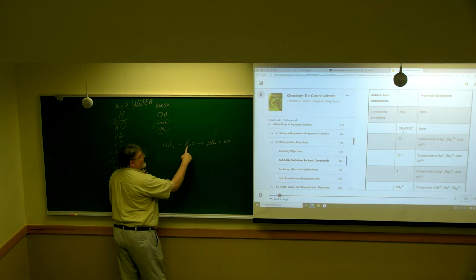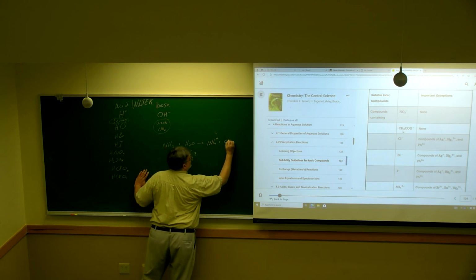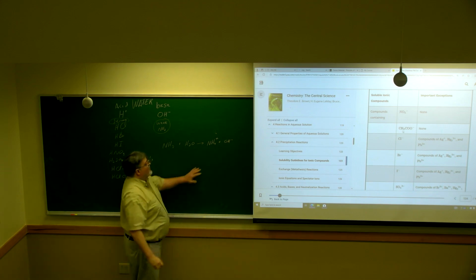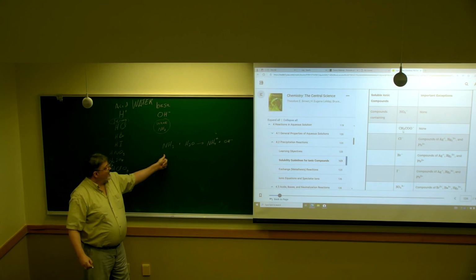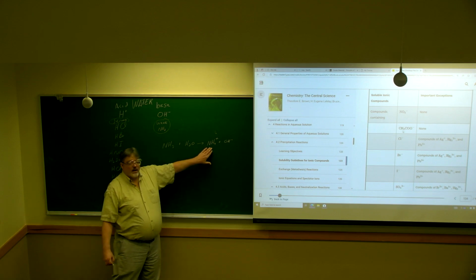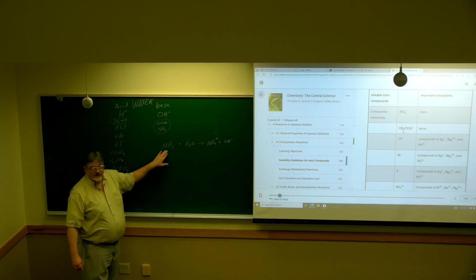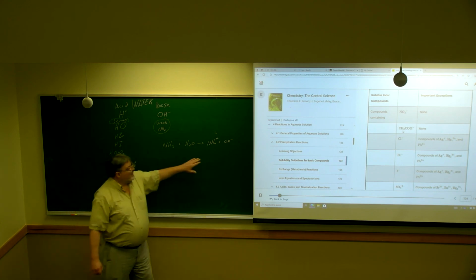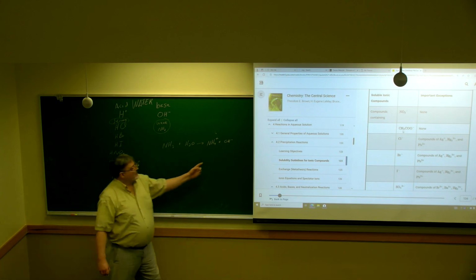It's grabbed one of these H's, so now it's NH4 positive and OH negative. So if you put ammonia, NH3, in water, it will become ammonium ion and OH to a small degree. Most of it stays like this, and a tiny amount of it becomes this. So weak base. It only makes a little bit of OH in water.